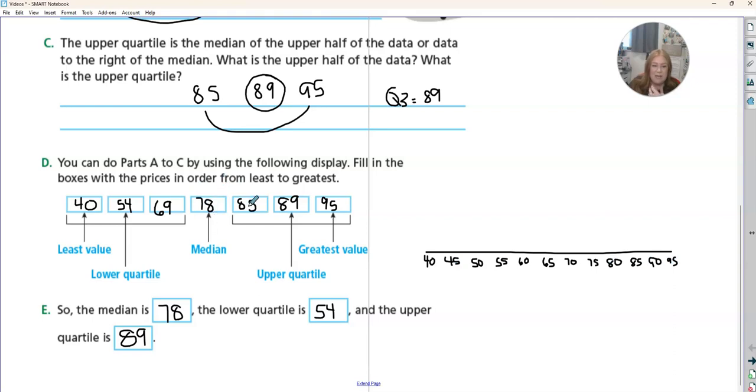Right in our median, we're going to put a 78. We're going to make a line for 78. It's kind of right in the middle there. So there's our first one. And then we're going to make another line for our lower quartile, 54. So another line there. And then we're going to make another line for our upper quartile, 89. And we're going to connect those to make the box. So here's our box for our box plot.